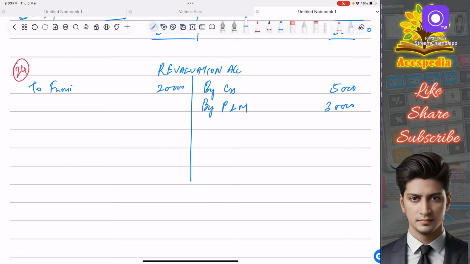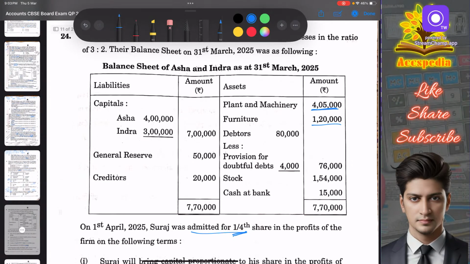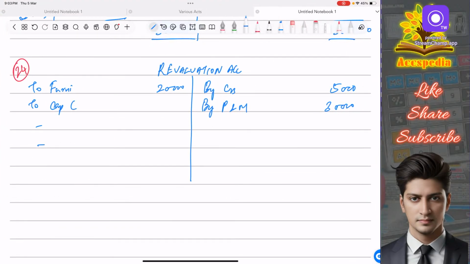Okay, 35,000 credit side total, debit side total 20,000. So there is a gain which we have to transfer to the capital accounts of the old partners, Asha and Indra, in the ratio 3:2. So this is profit. Asha, Indra.